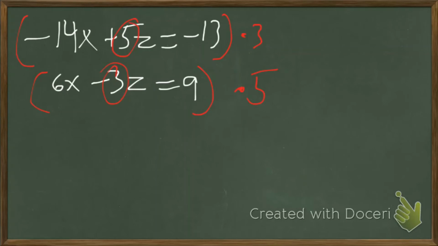So this becomes 14 times 3, which is 42.